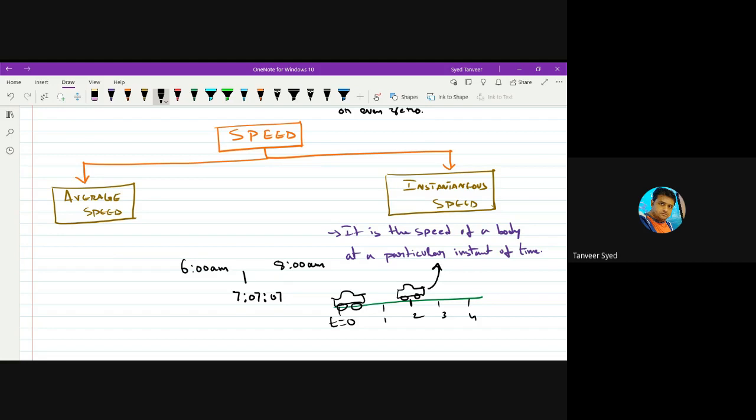It is the speed at which you are going at that particular instant of time. That's what we mean by instantaneous speed. Instantaneous speed is measured by the speedometer. Fine.